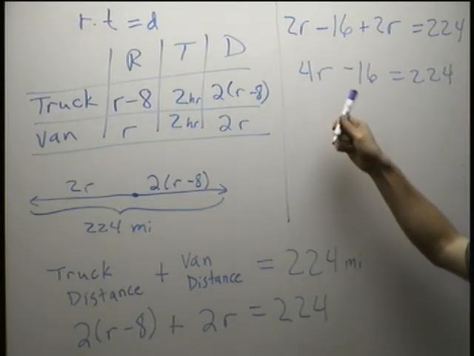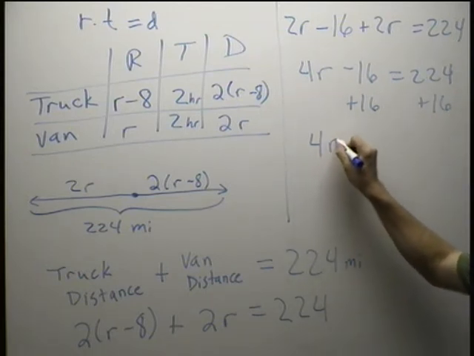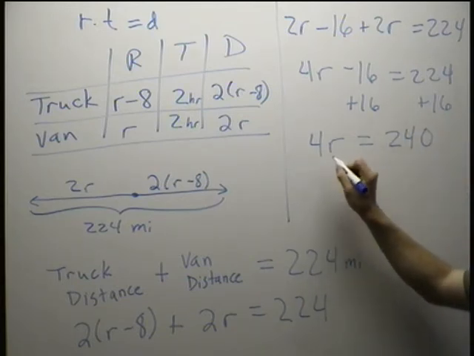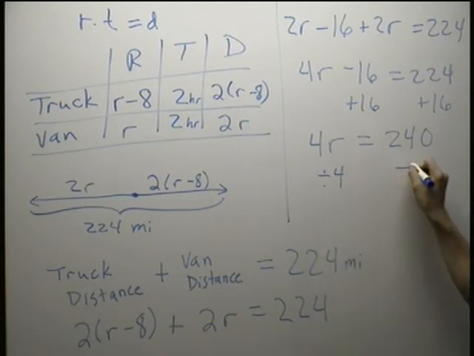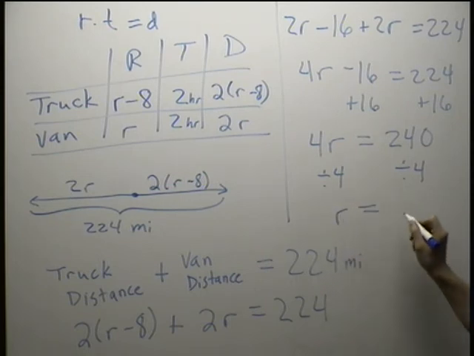Now to isolate the variable term, we may add 16 to both sides. And we get 4r equals 240. Then finally to isolate r, divide both sides by 4, and we get r equals 60.